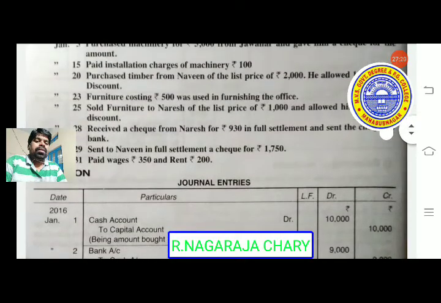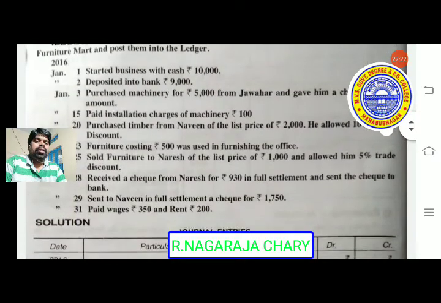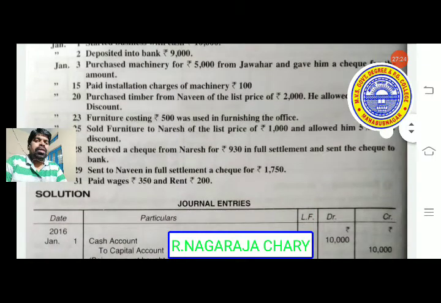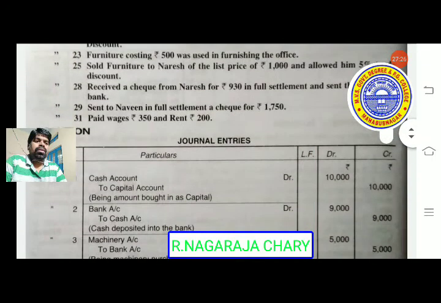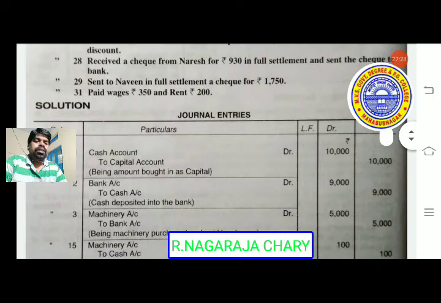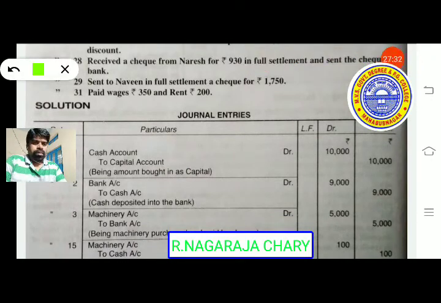Next we see the second activity, that is deposited into bank 9,000 rupees. So, in the bank we are depositing 9,000 rupees on the second date. Bank comes under personal accounts, cash comes under real accounts.